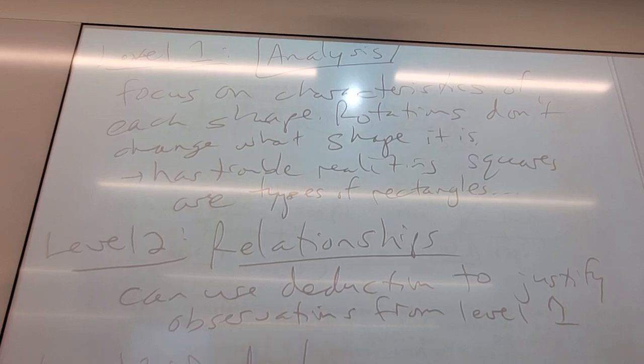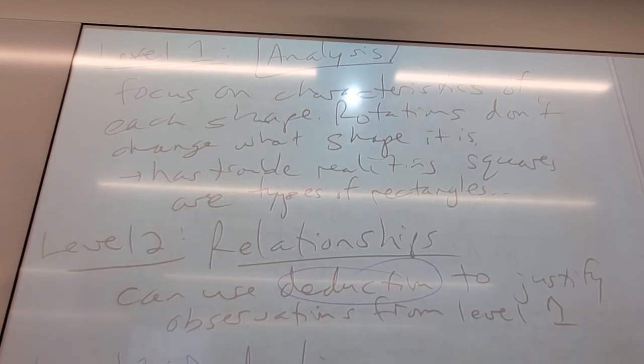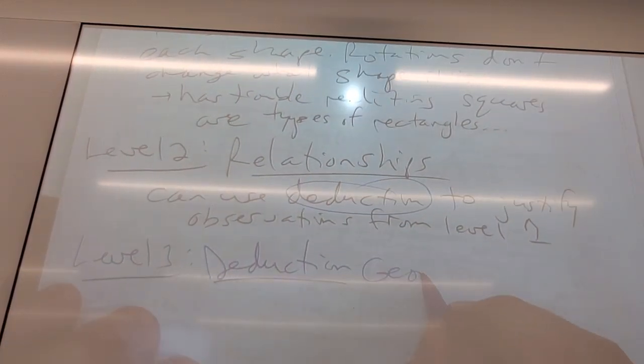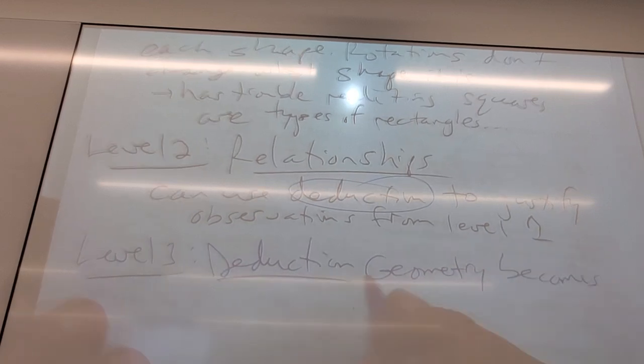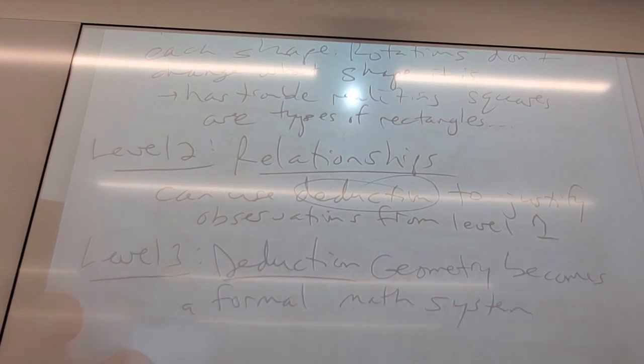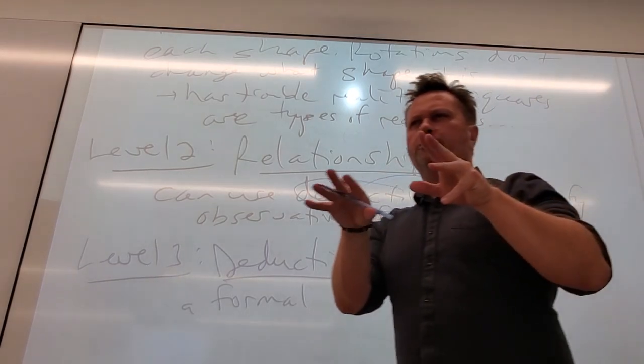So this is where we actually start fully doing this. And this is kind of like what you did in high school. This is where geometry becomes a formal math system. You start to move in the direction of really simple proofs and such.